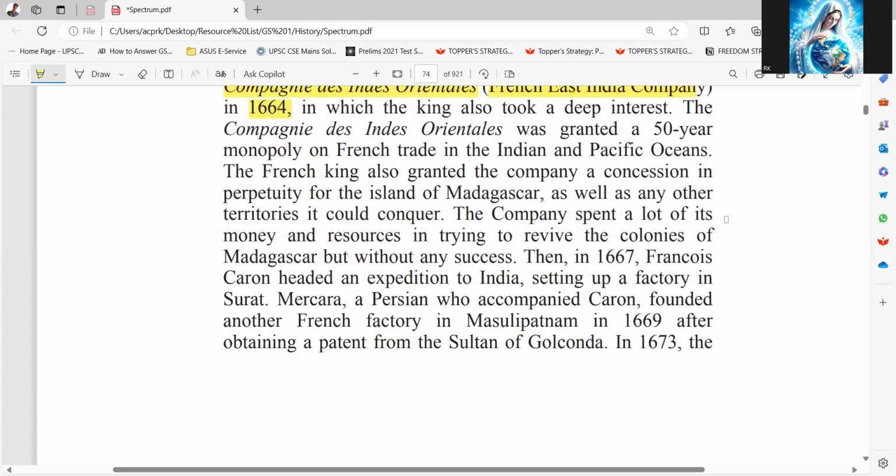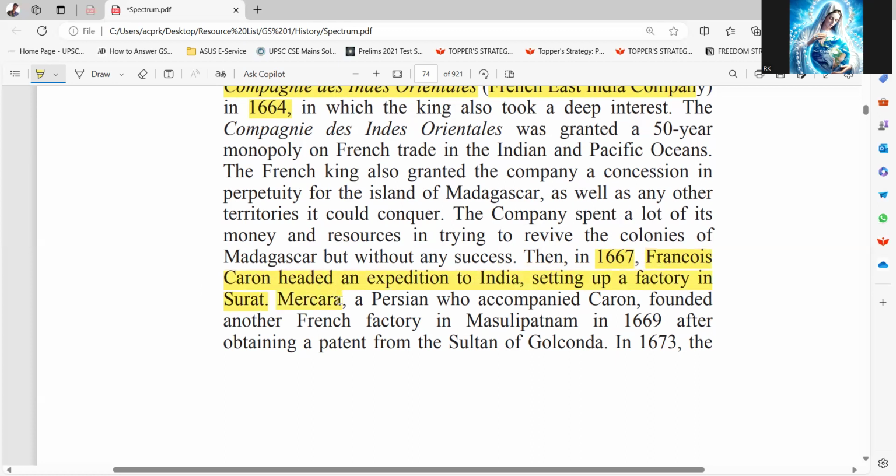The company spent a lot of its money and resources in trying to revive the colony of Madagascar, but without any success. Then in 1667, Francois Caron headed an expedition to India, setting up a factory in Surat.